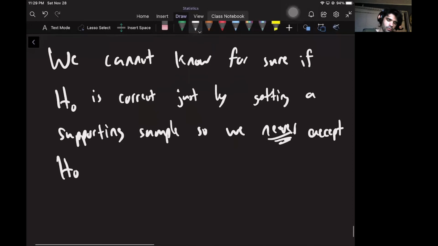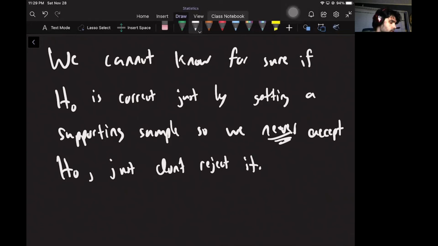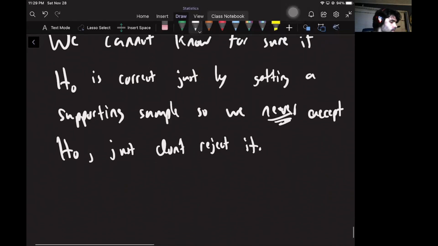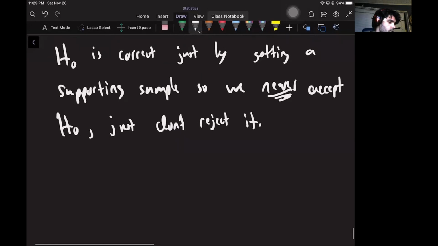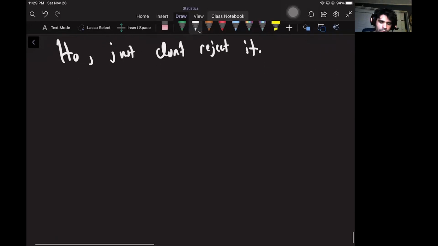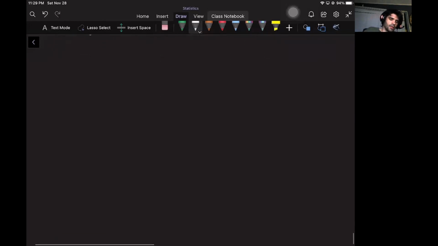We just don't reject it. It's a bit subtle, but it's different. It's very much like saying that someone is not guilty versus saying that they're innocent. So subtle difference there.